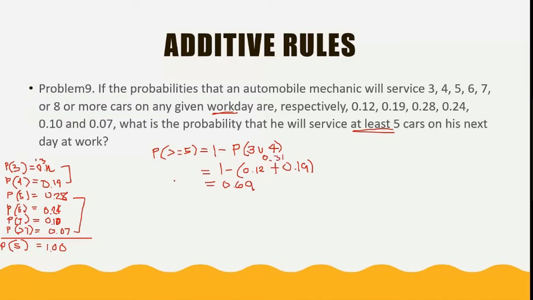So that's the probability of getting at least 5 cars. This is the rule of complement. We can also just add the remaining probabilities, and the result would still be 0.69.